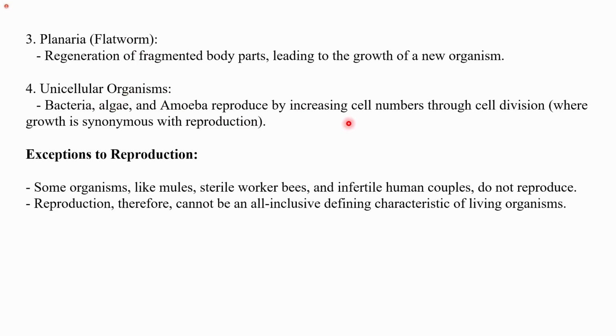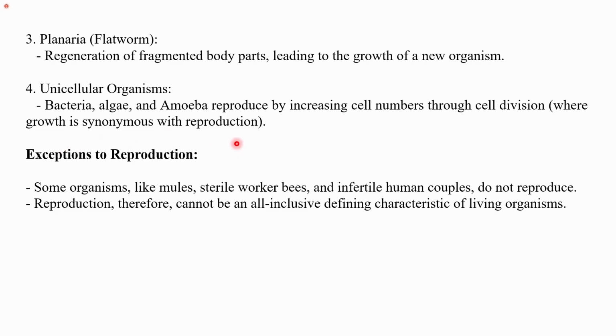So we can say that in these organisms, growth is synonymous with reproduction, right? Because we define growth as the increase in the number of cells by cell division, and here we are defining reproduction as the increase in the number of cells. So in unicellular organisms, growth is synonymous with reproduction.